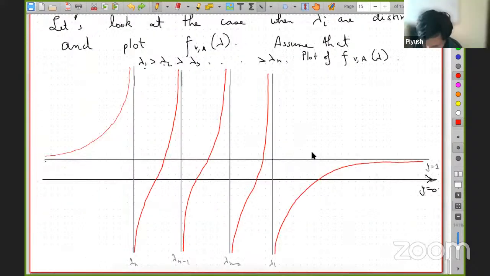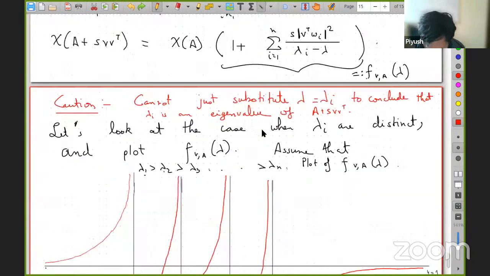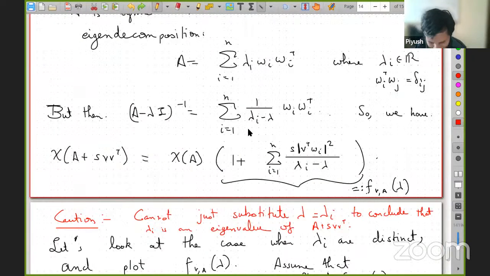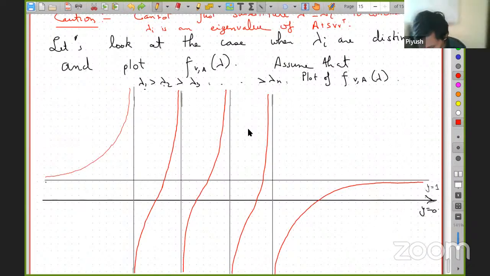So now in this case, what can you tell me about the eigenvalues of A plus s v v transpose? They are interlaced with the eigenvalues of A. You could have actually proven this without all this, just by the usual Rayleigh coefficient argument in this setting.